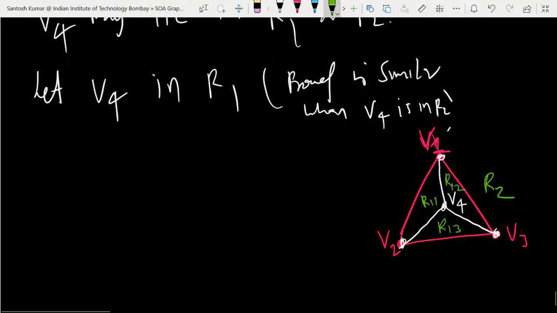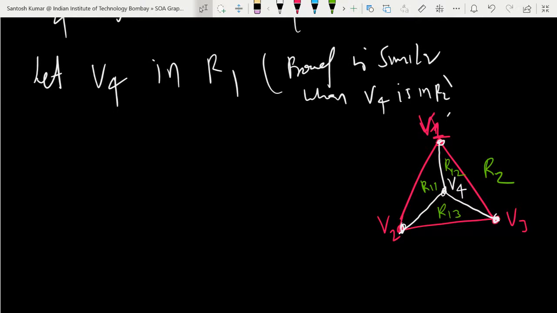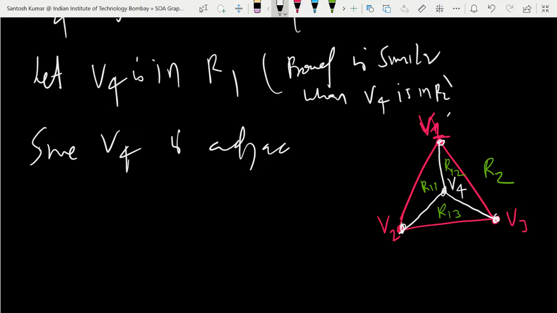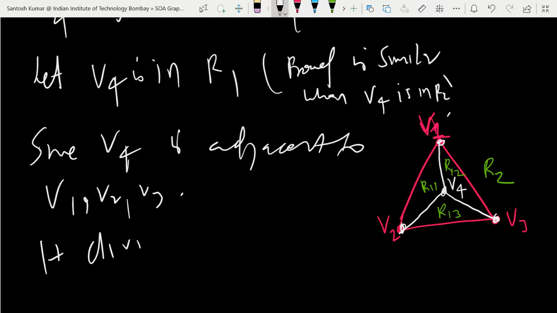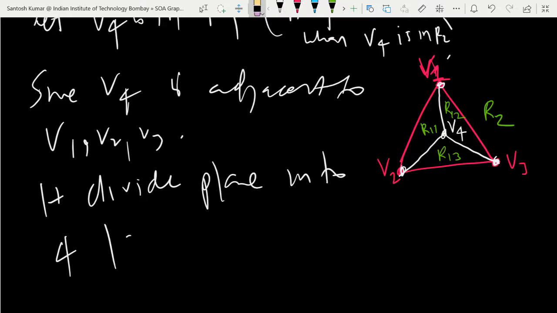Okay, and you have to add the fifth vertex also. So now we have taken V4 in R1, and since V4 is adjacent to V1, V2, V3, it divides the plane into four parts, four regions.